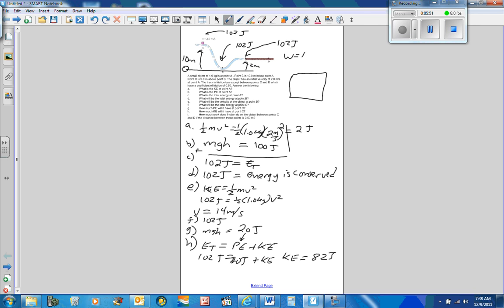Work equals change in kinetic energy, and work equals force times distance times cosine of theta, right? Well, in this case, I can find a force. The only force on it is frictional force. I find that with the friction equation.